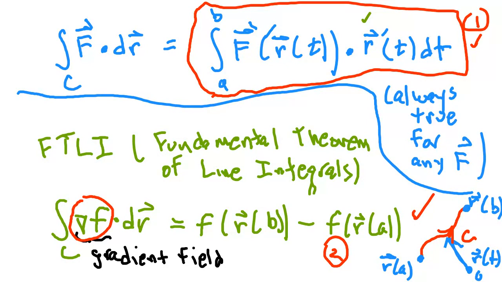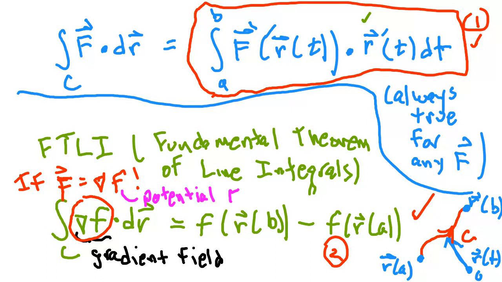The question is, when can you use the second approach? You can use the second approach if your vector field F equals the gradient of some function f. If that's the case, the function f is called a potential function. Remember, we talked about that last time. So for instance, the gravitational field is a conservative vector field because the gravitational field has a potential function.